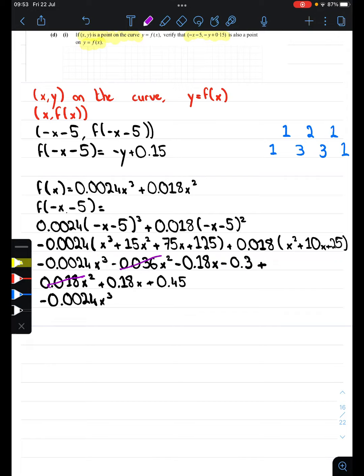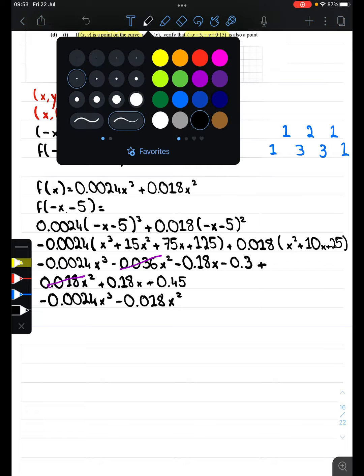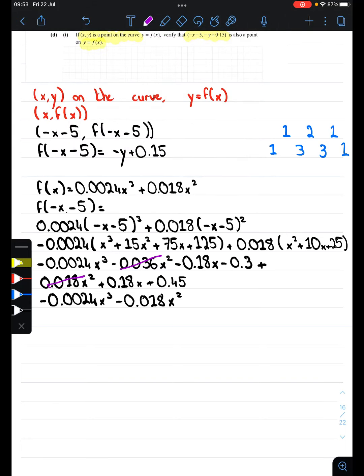If we take those out, then we'll just get minus 0.018 x squared. And then these will cancel, so we'll just leave that. And then minus 0.3 plus 0.45, and that will just give us plus 0.15.